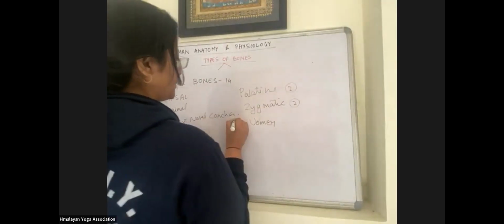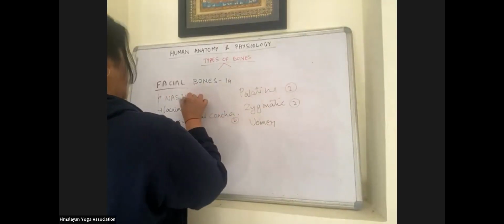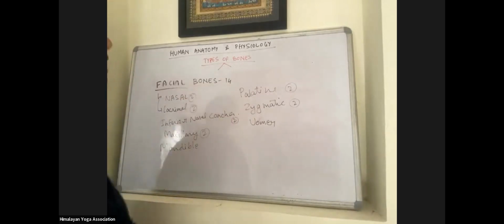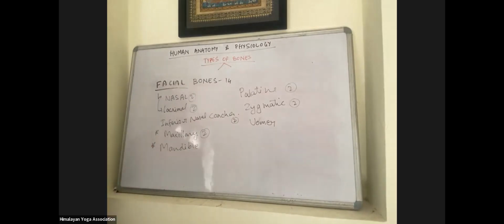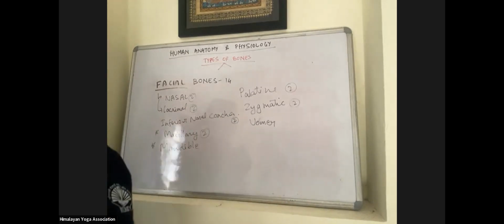All these are in pairs of two, except mandible and vomer. Of all these, the most important ones are maxillary and mandible. You can take a screenshot of this, or I'll just share with you a picture in which you can see all the bones.